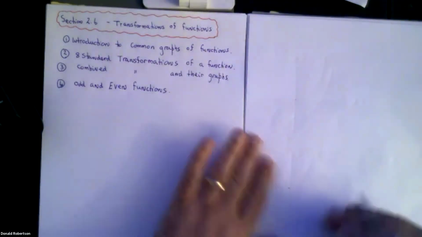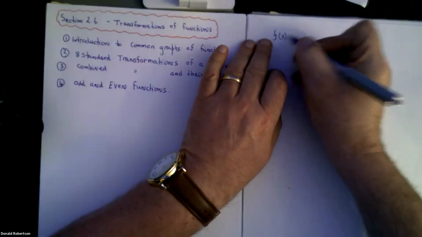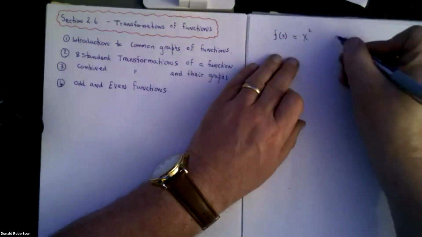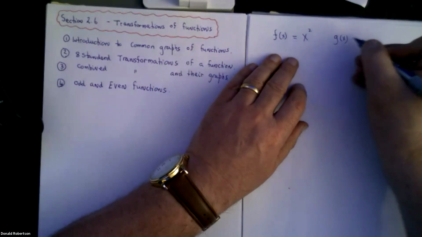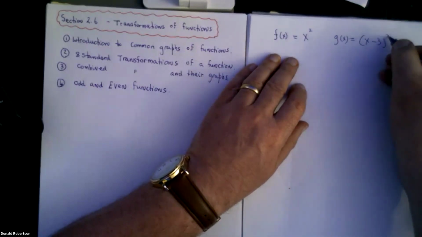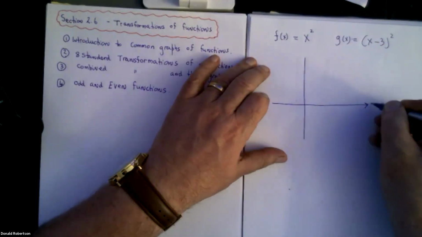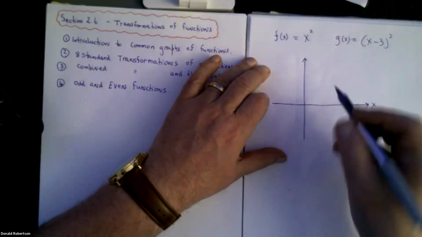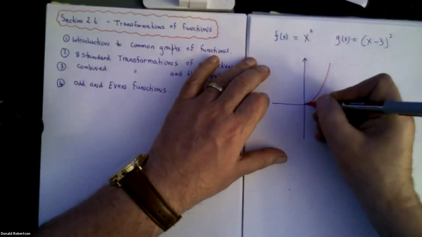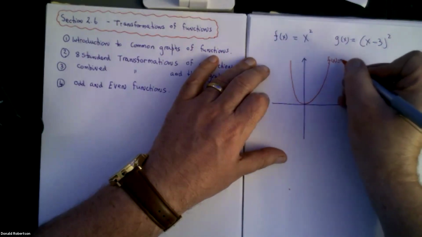This one is a little bit trickier. I'm going to do quadratic, kind of like this, and I'm going to have another function, a transformation of this guy, and it's going to be x take away 3 squared. So the original function, your building block function, nothing remarkable. That guy.